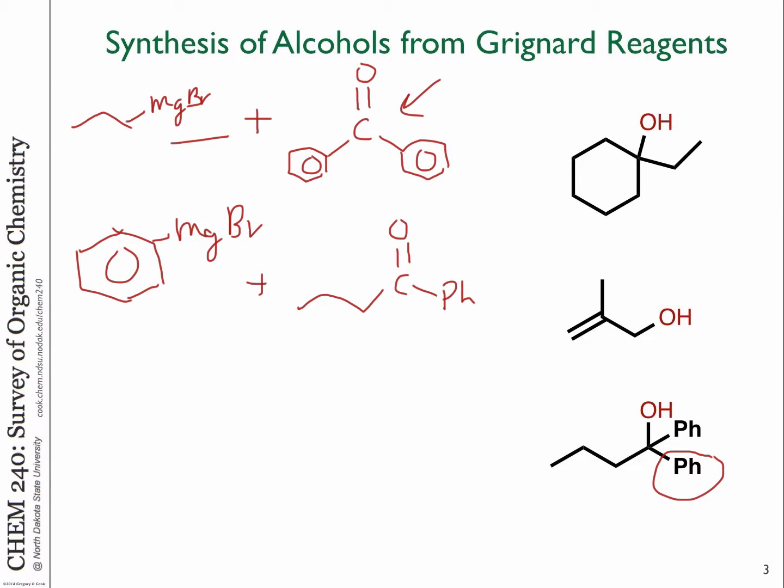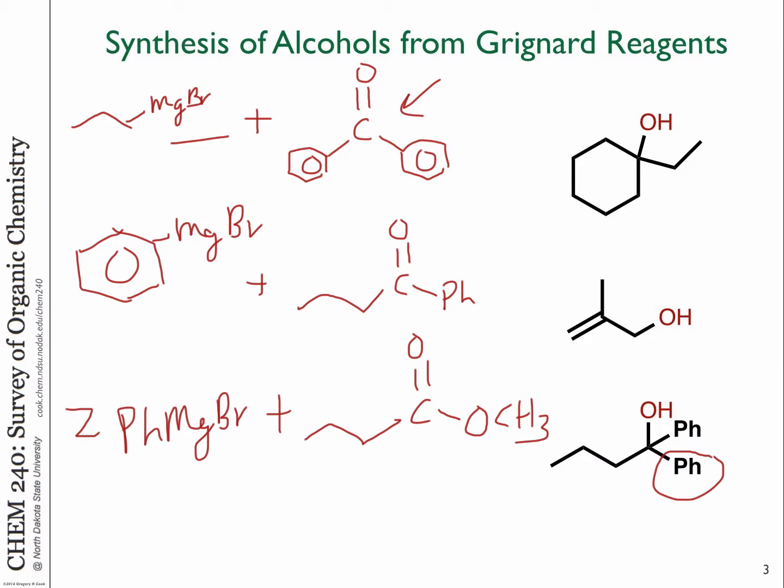Okay, that means we could start, instead of with a ketone, we could actually start with an ester. So we could use 2 equivalents of the Grignard reagent with the benzene ring. I'll just write it here: 2 phenylmagnesium bromides, plus the carbonyl now has the CO double bond, but also something else that leaves, an ester group, like a methyl ester.